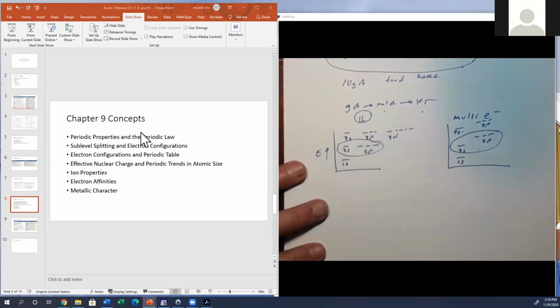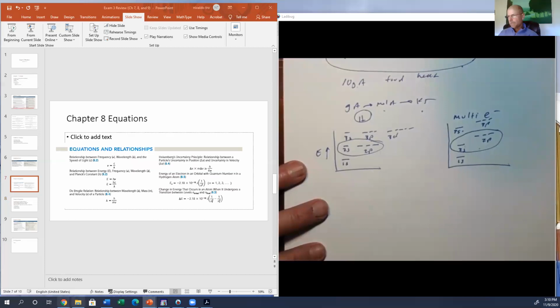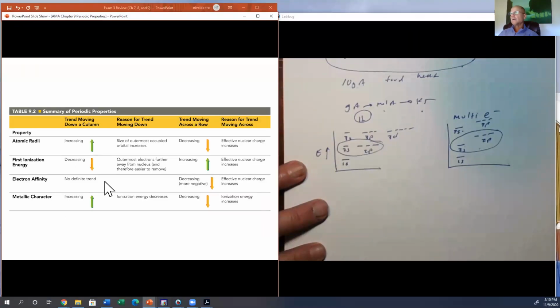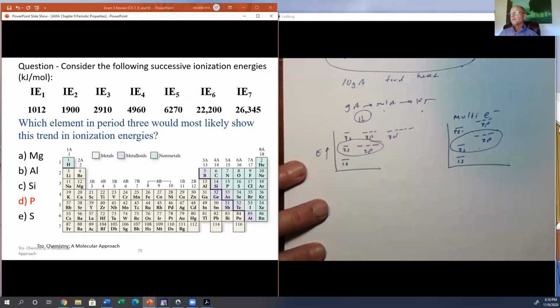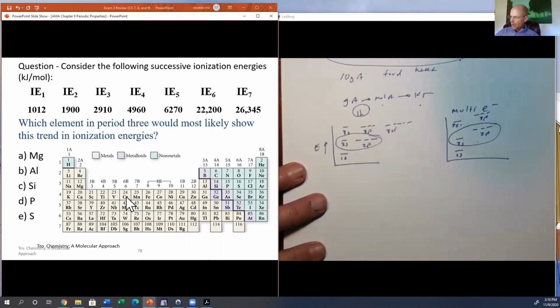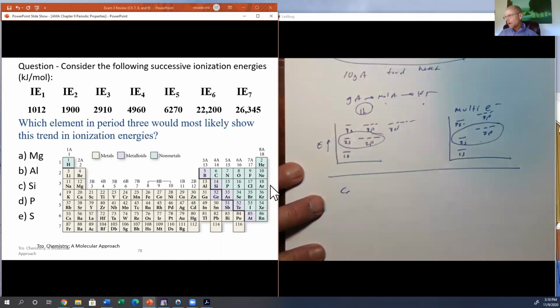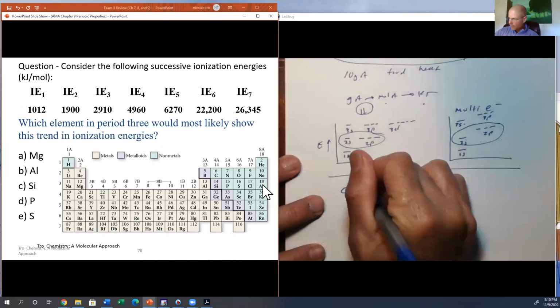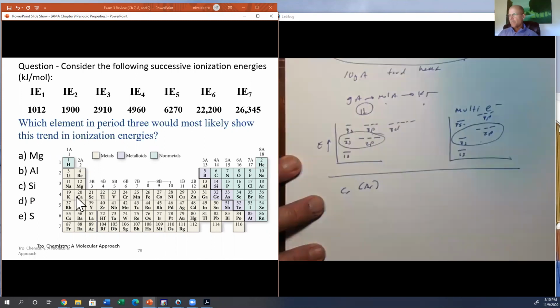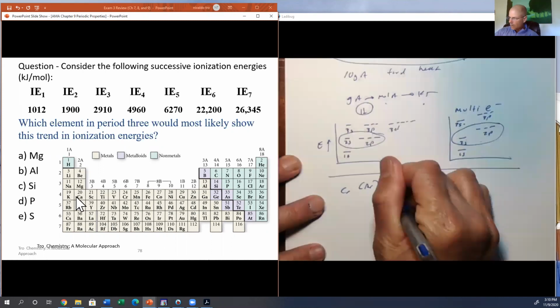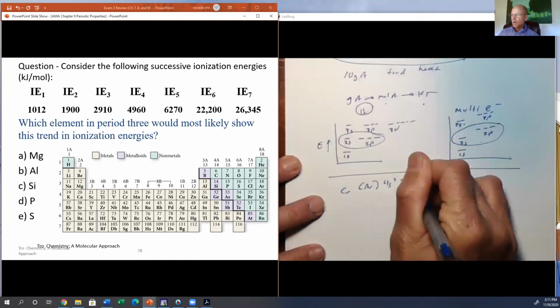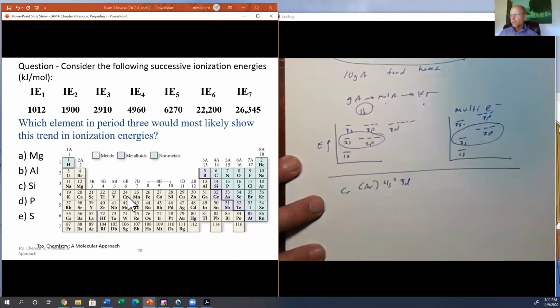Can you show the orbital diagram for chromium? Yeah. So for chromium, which is right here, you might expect it to be an argon core, and then 4s2, 3d 1, 2, 3, 4.